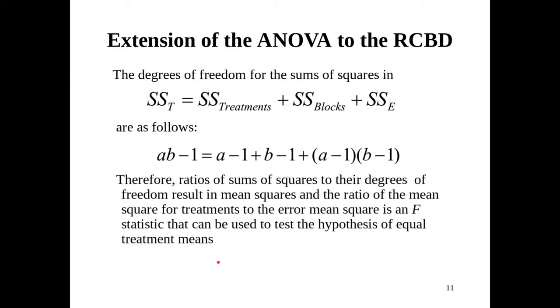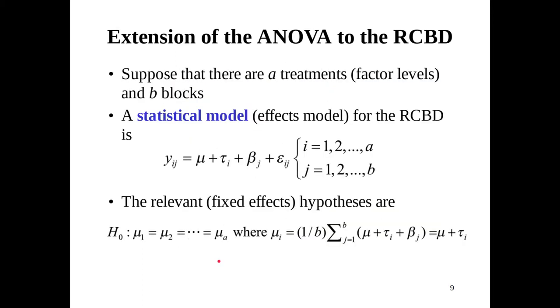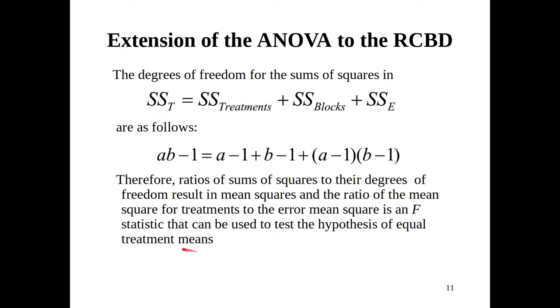That says all the means are equal. No, because the variability caused by the factor is highly significant. That means mu1 equal to mu2, and so on, cannot be true. So one way to compare is to divide mean square factor by mean square error.